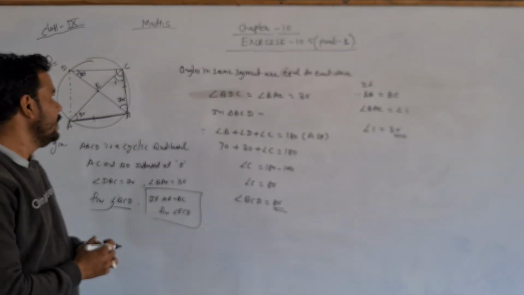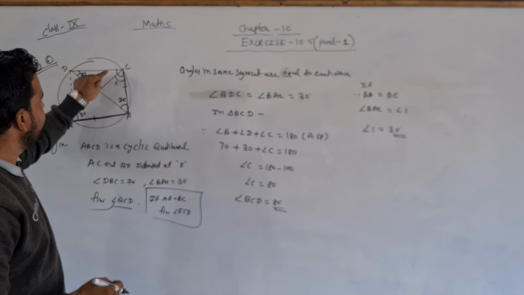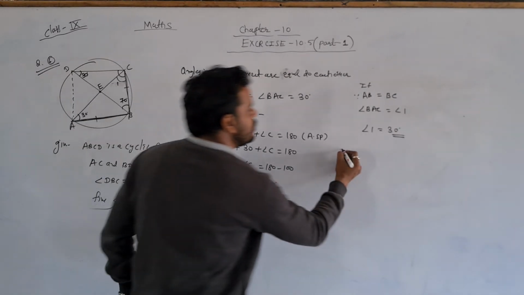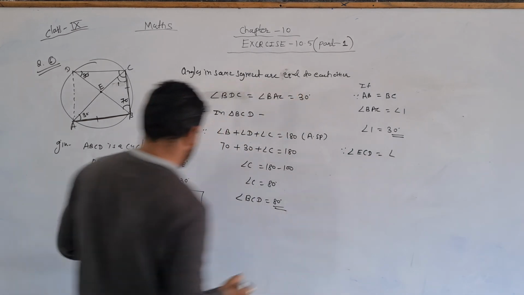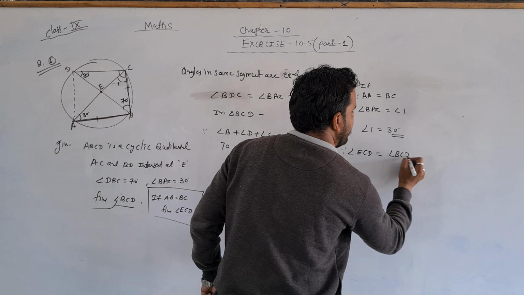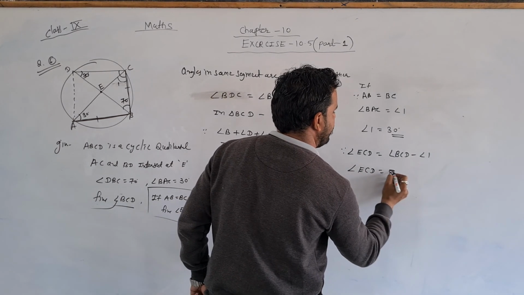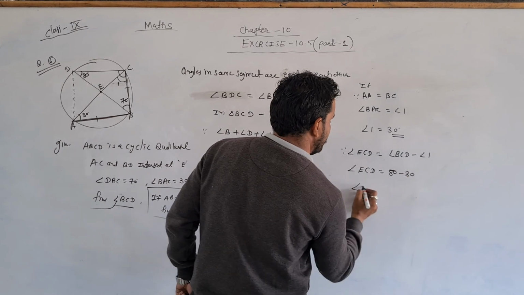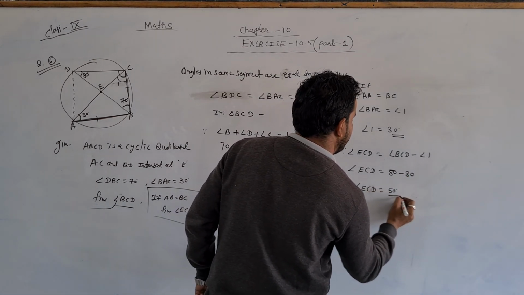So you got this whole 70. Then 70 minus 30 will give angle ECD. So angle ECD is equal to angle BCD minus angle 1. Then angle ECD equals 80 minus 30. So angle ECD is equal to 50 degrees.